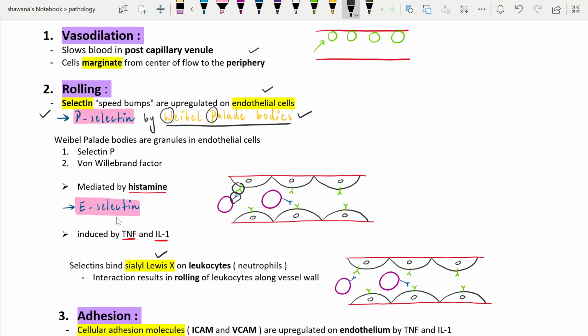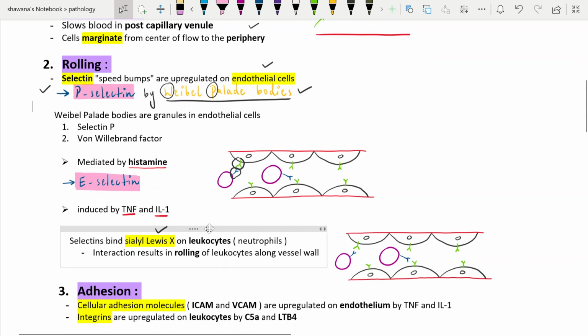We'll discuss that later. So up to this point you have learned that p-selectin is secreted from the Weibel-Palade bodies and is upregulated on the endothelial cells. And this secretion is mediated by which mediator? It's histamine. You have to remember that. P-selectin is mediated by histamine.